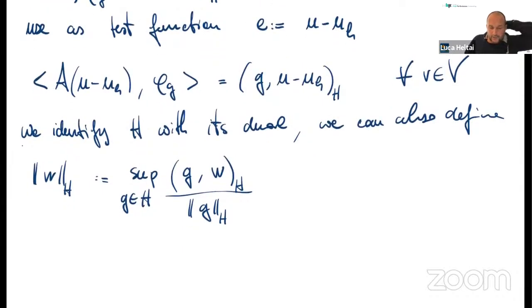And of course, this is due to the fact that there's always a Riesz identification between the two spaces, which is given for granted whenever you take this scalar product with H.